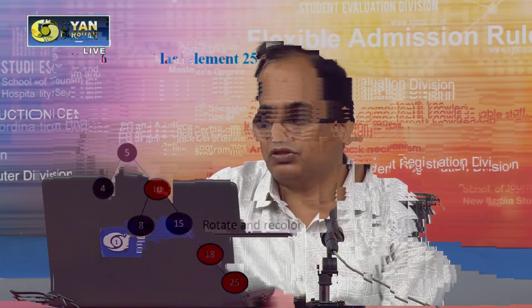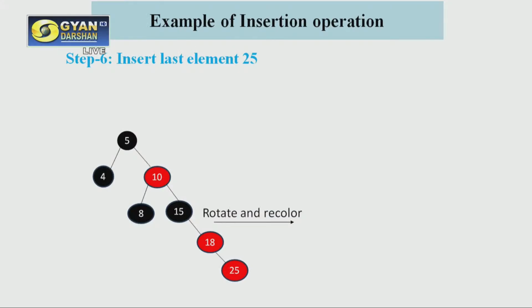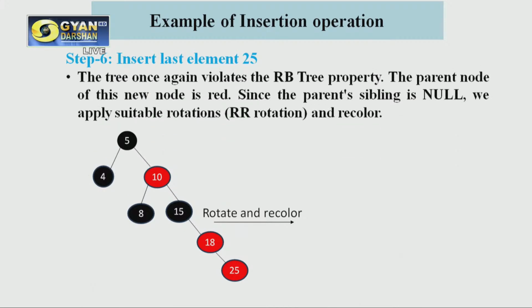Now we insert the last element, that is 25. So after insertion of this also, it violates the red black tree property. The parent node of this 25 is red, and since the parent sibling is null, we apply a rotation only and recoloring.